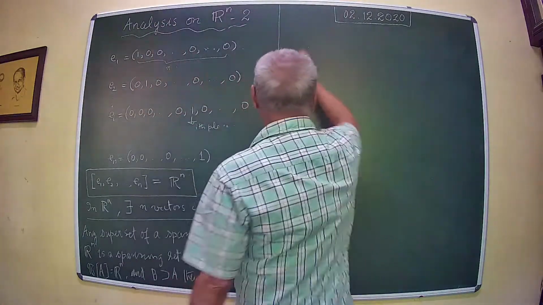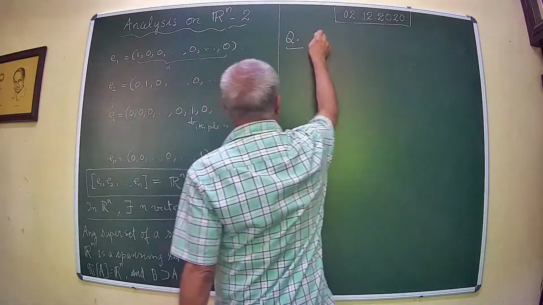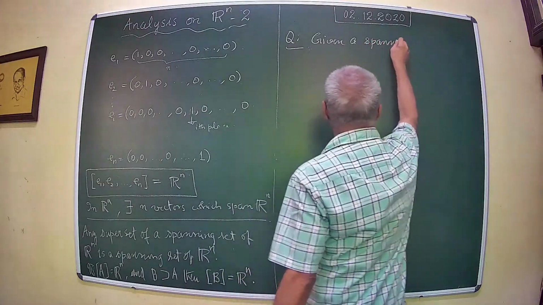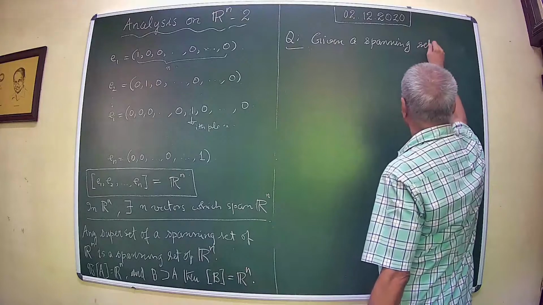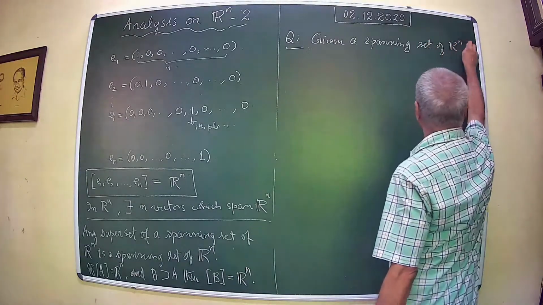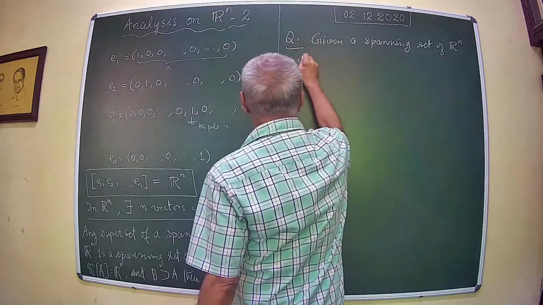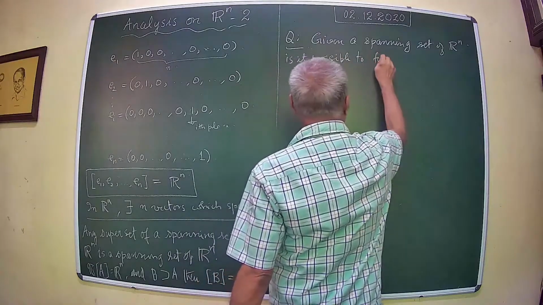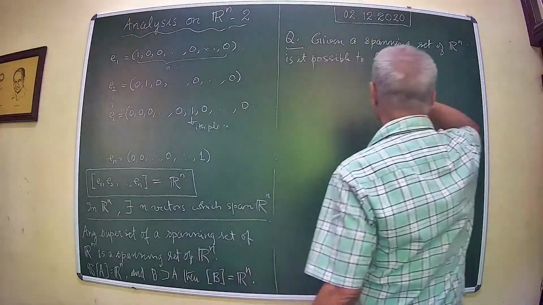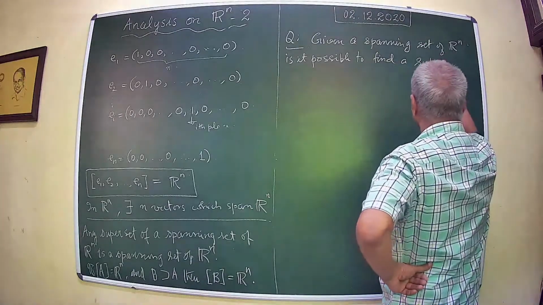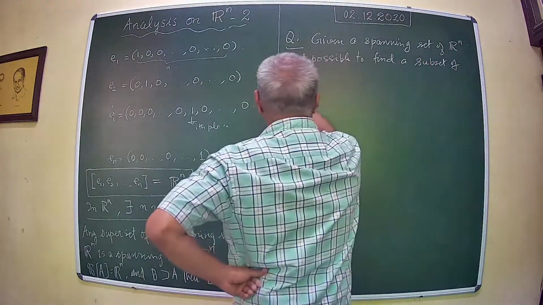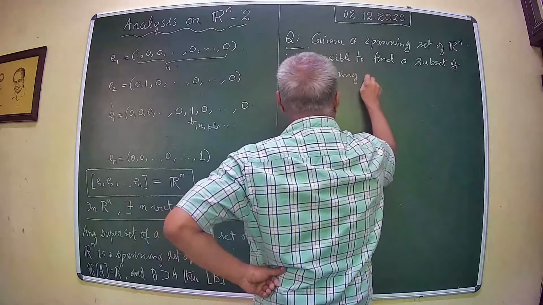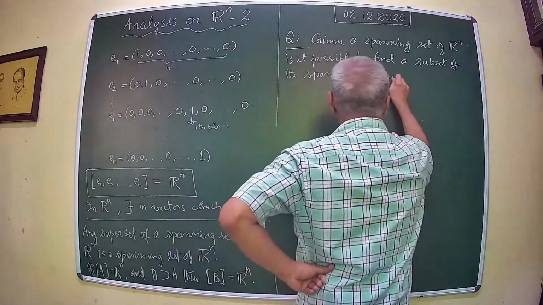So the question that you ask is, given a spanning set of R^n, is it possible to find a subset of the spanning set which spans R^n?